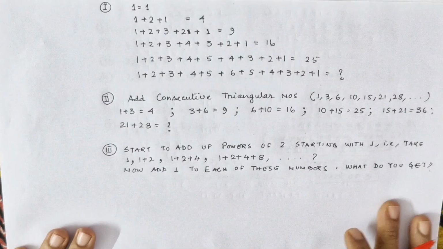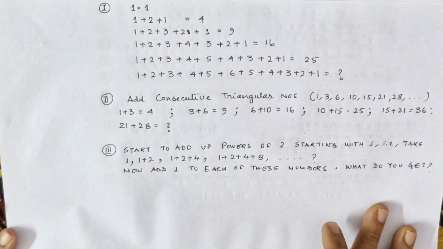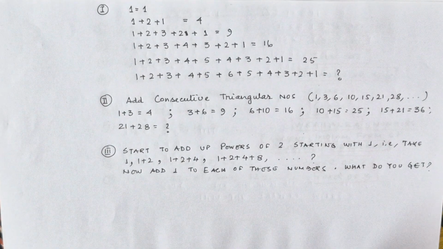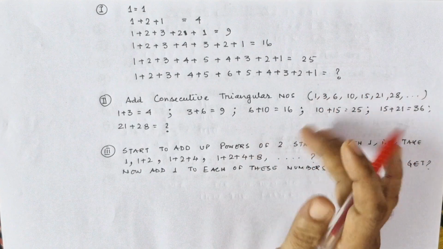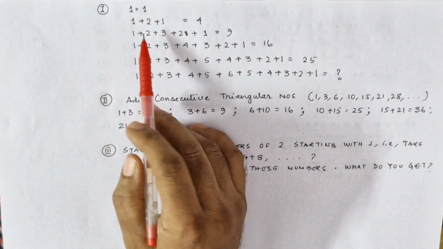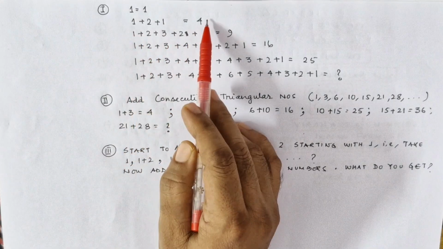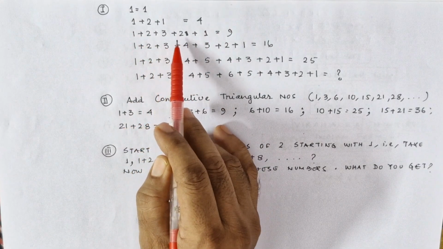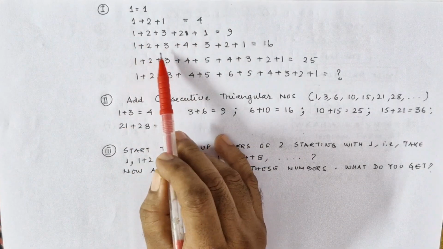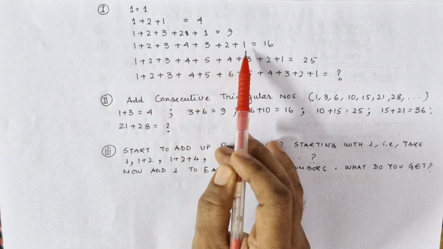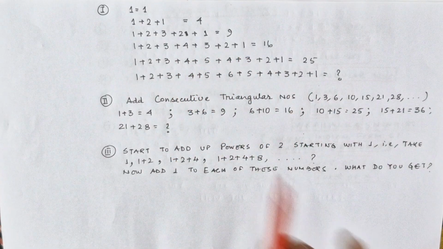Got it? So let's see some patterns and let's try to understand and let's try to predict what will come next. So let's see the first pattern. See, 1 equal to 1, 1 plus 2 plus 1 equal to 4, 1 plus 2 plus 3 plus 2 plus 1, 1 plus 2 plus 3 plus 4 plus 3 plus 2 plus 1, so on and so forth.